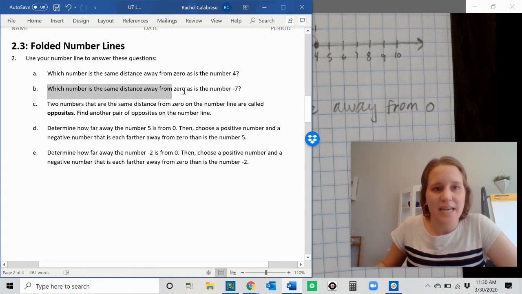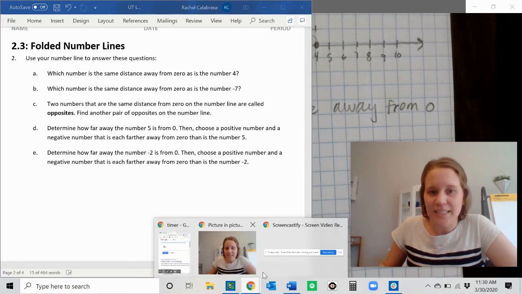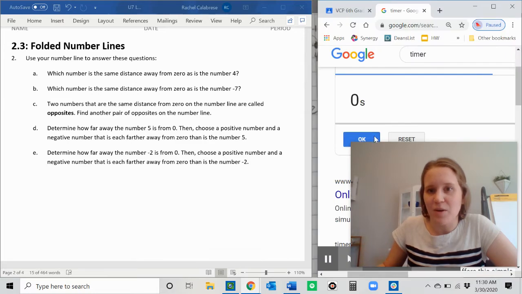Which number is the same distance away from 0 as is the number 7? Okay, let's just take 30 seconds and see if you can do this one on your own, and we'll come back together.